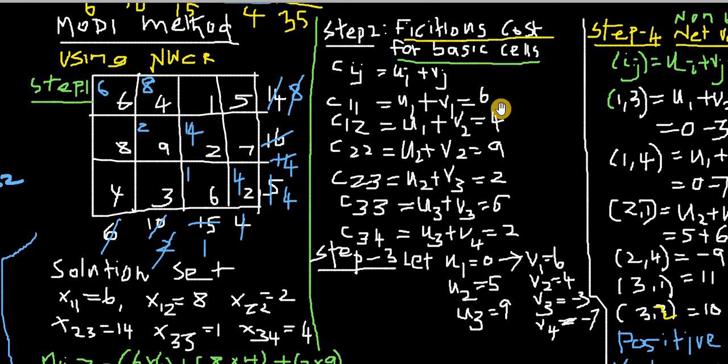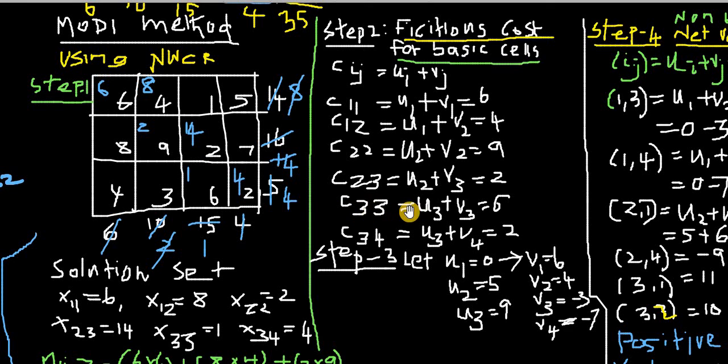Okay, similarly, C22. So C22 is equal to U2 plus V2 equals this 9. C23. Okay. By the formula, C23 is equal to U2 plus V3 equals how much the transportation cost? 2 rupees. The next cell is second row, third column, C33.